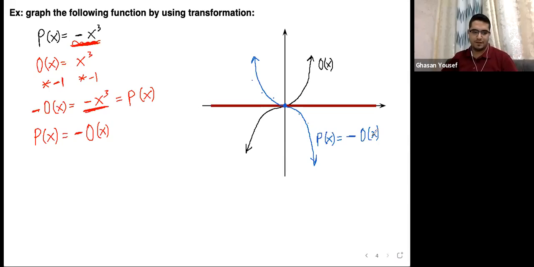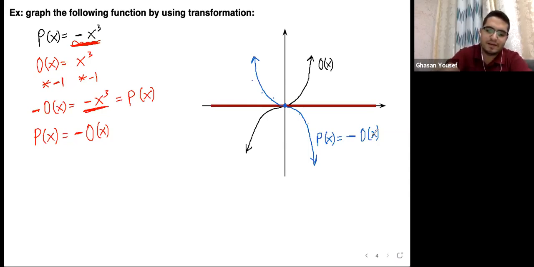Okay. So now we're going to graph. This is the basic. Now we're going to graph any polynomial, not just the basic. We have some steps. We're going to use them to graph any polynomial function of degree 5, of degree 7, of degree 8, any polynomial. But before we graph the polynomial for any degree, we're going to talk about the important thing, which is the end behavior.